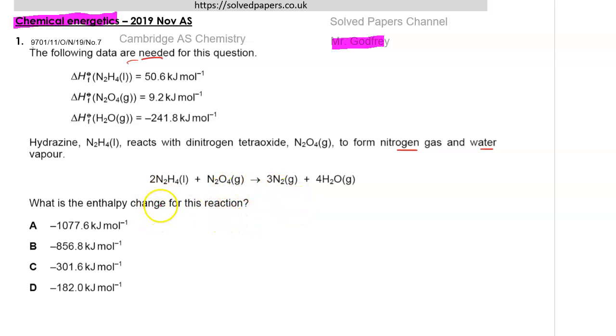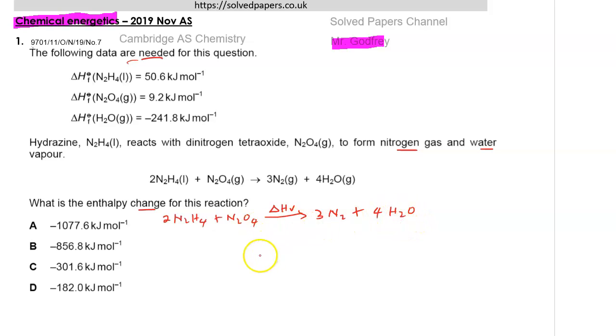Okay, let me rewrite this reaction here. You use Hess's law to get this question worked out. Hydrazine plus dinitrogen tetroxide. Of course, this will be the enthalpy of reaction, which is what you're supposed to find. Here you get nitrogen and water, 3 moles of nitrogen and 4 moles of water.